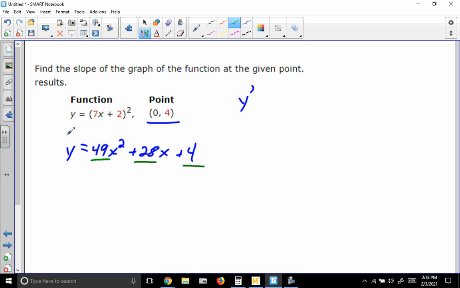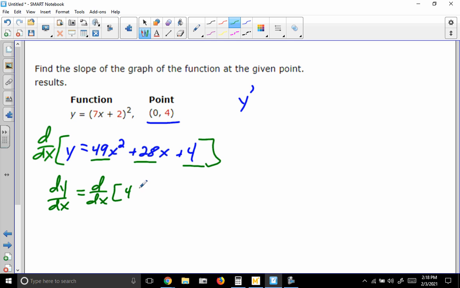Let's use some of our notation. So if I want to take the derivative of that with respect to x, x is our variable. So when we take the derivative of y, we call that dy over dx. That's just another way of saying y prime. On the right side, we're going to take the derivative of each term.